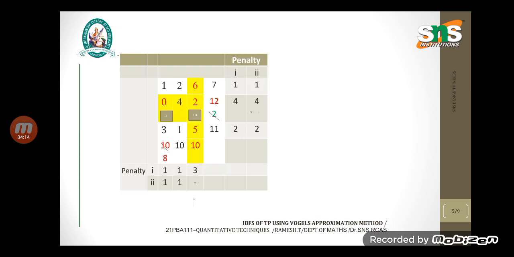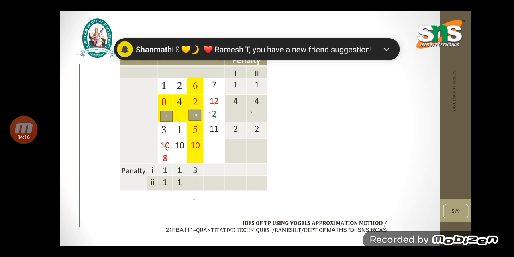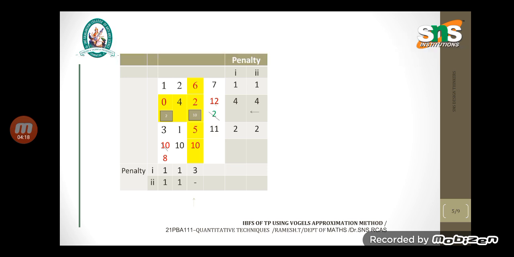Next we have the second penalty. In the first row, we choose the difference of the smallest two numbers, 2 and 1. The second penalty is 1. In the second row, the difference of 0 and 2 is also 2.